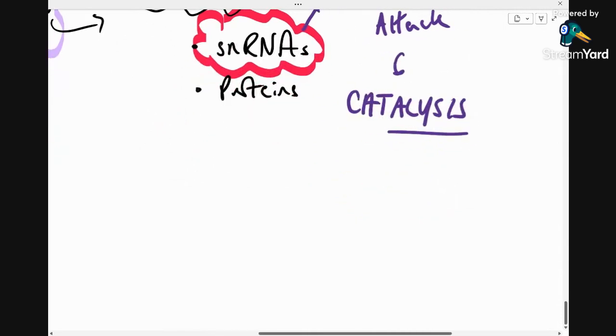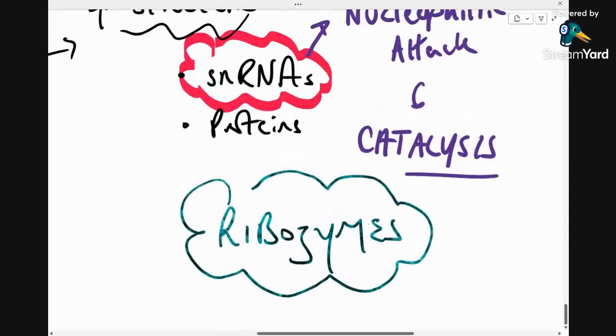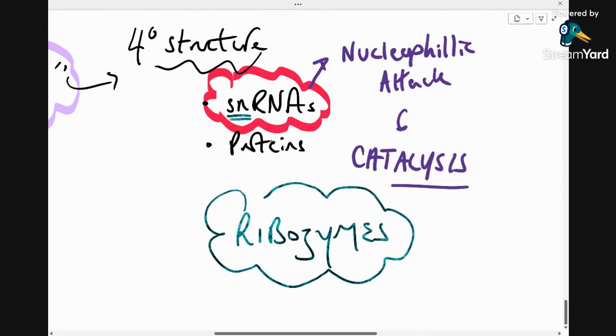So this is why the spliceosome, as well as the ribosome, are called ribozymes, in case you're interested, because it is the RNAs, in this case the snRNAs within the spliceosome, or in the ribosome the rRNAs, that can do nucleophilic attack because of their chemical structure and therefore achieve catalysis.